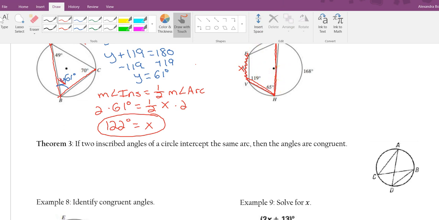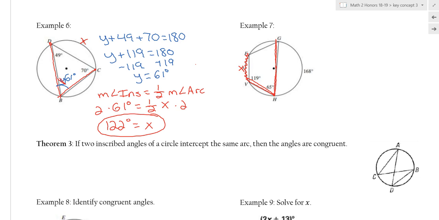So I can find the measure of this arc here using this 65. Okay, so 65 equals 1/2 times that blue arc. Times 2, times 2. 130 degrees equals the blue arc.